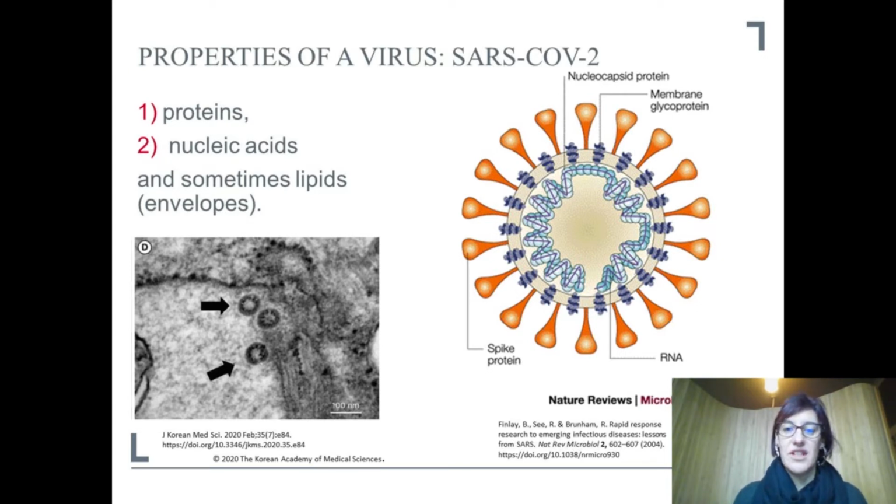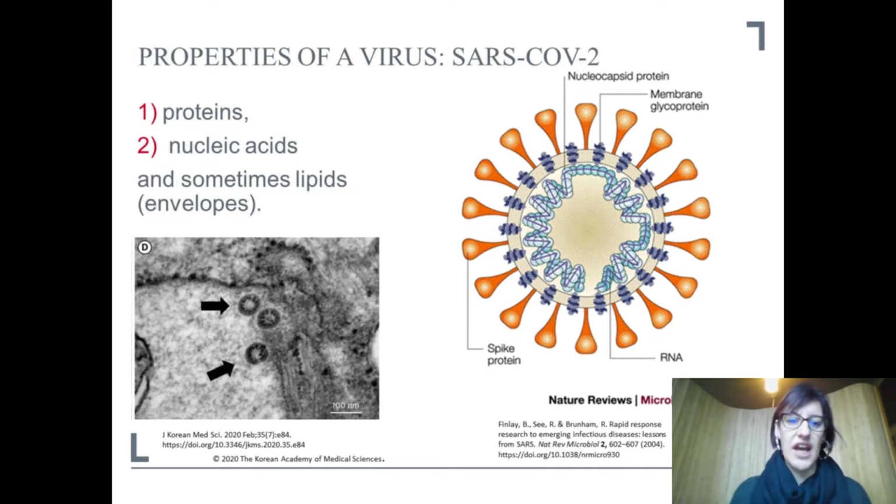And like all viruses, SARS-CoV-2, which is the virus that's causing the current COVID outbreak, consists of two key elements, a protein shell and some nucleic acids, some genetic material, and that essentially provides the information which will govern how the virus operates when it's in a cell.